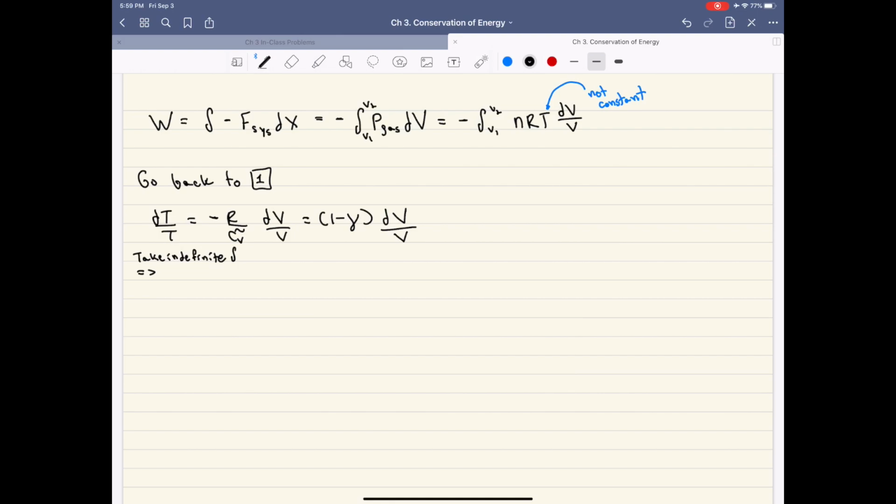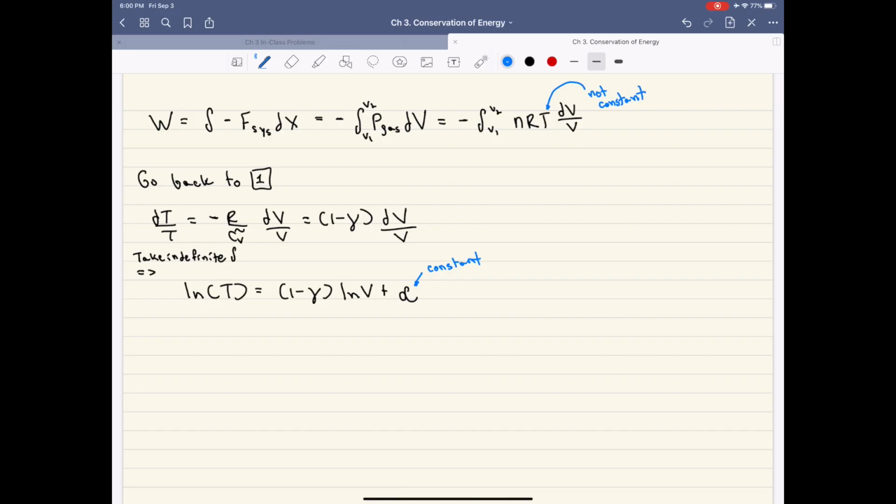If we do, we get that the natural log of temperature is equal to 1 minus gamma times natural log of volume plus alpha, which is some constant we get from integration.